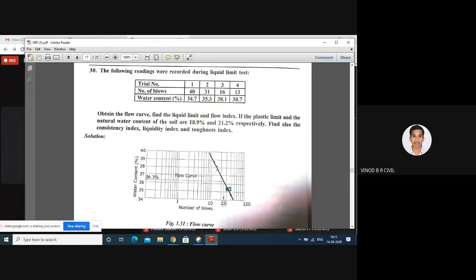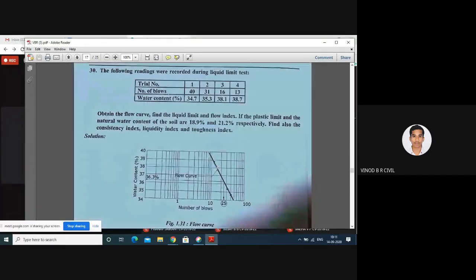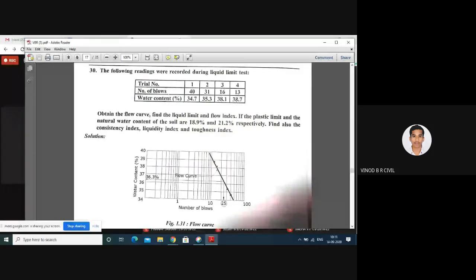Next one is 31, 35.3. 31 means after 10, 20, 30, just beyond 30.